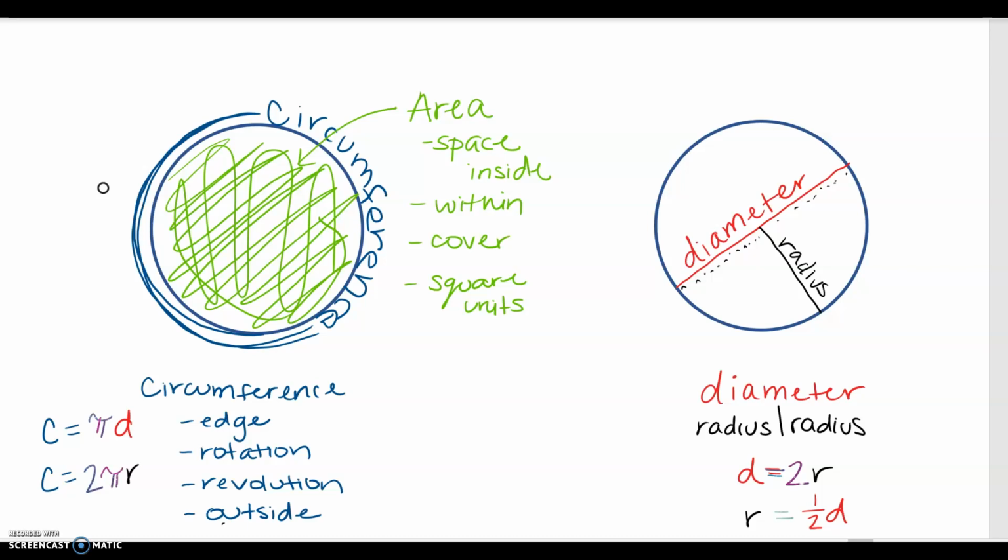And for area, area is equal to pi r squared. Just a reminder that r squared means r times r. It's not r times 2. So if my radius is 6, then r squared is 6 times 6, or 36.